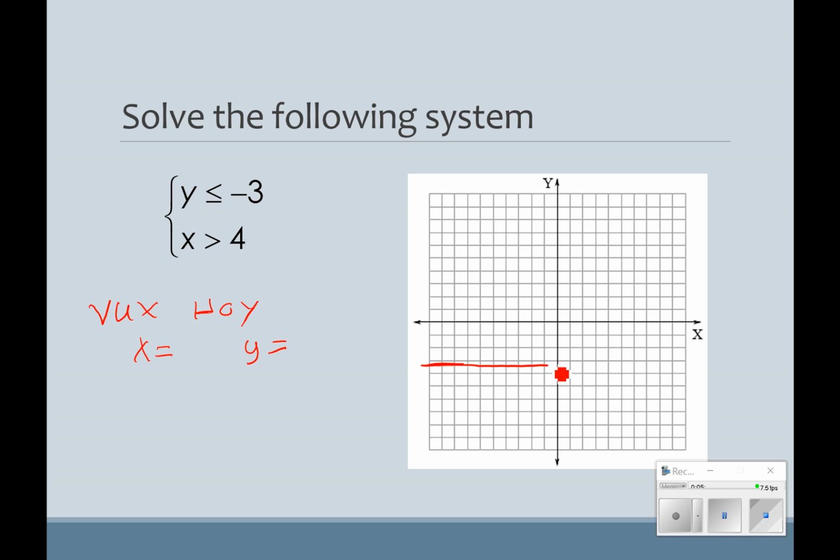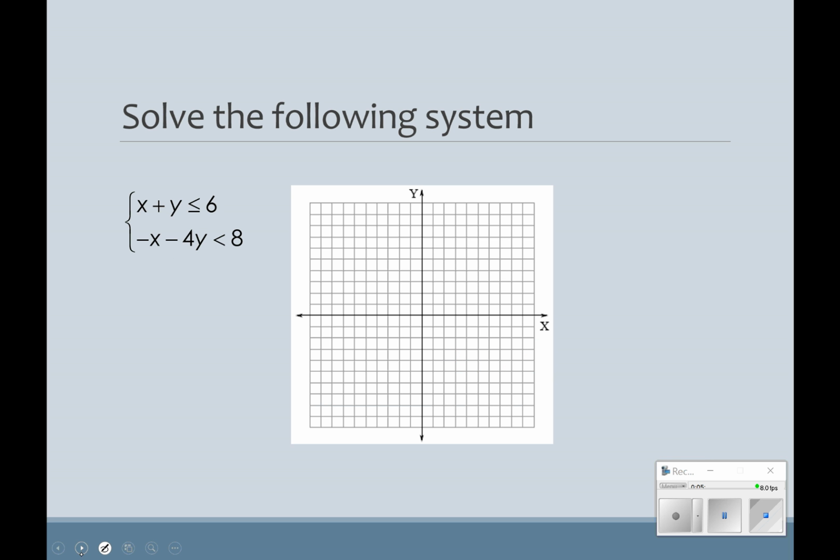So I'm going to have a solid line. y is greater than or equal to negative 3 here. Now, you don't have to shade as much as I shaded it in. You can draw little arrows if you would like to show where the shade is. Okay, so there's my shade there. It's above that.